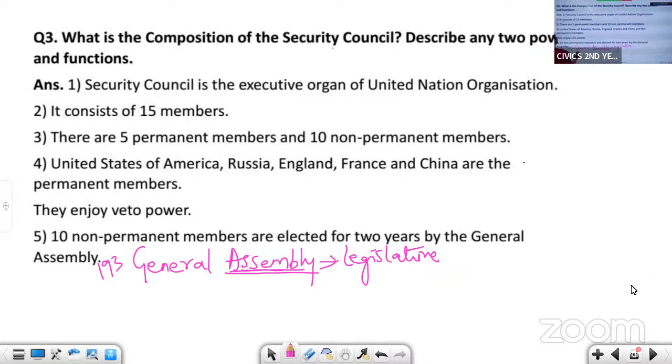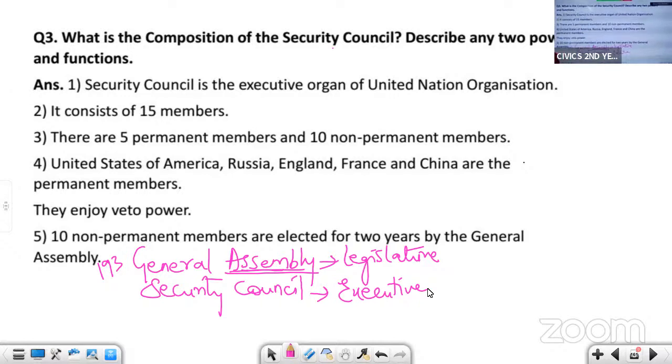Now, coming to the second organ, that is the Security Council, it is like the executive. So today we will discuss the composition of the Security Council.